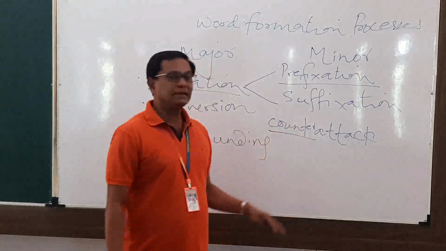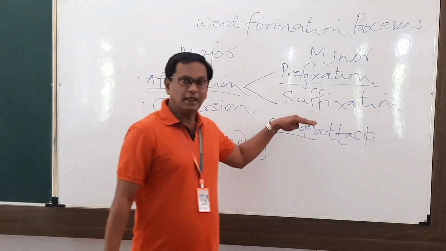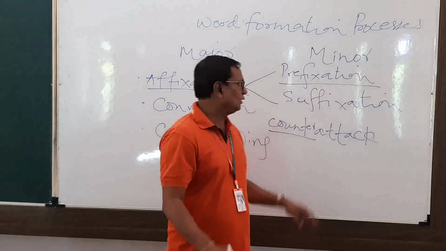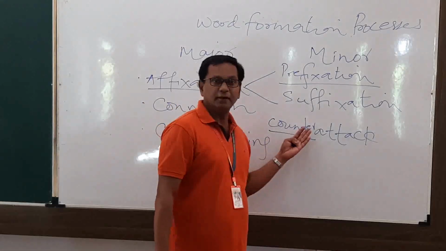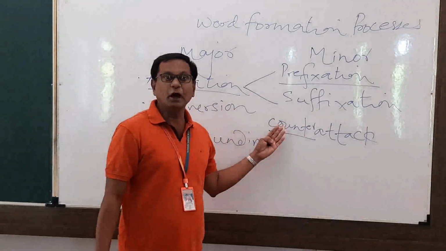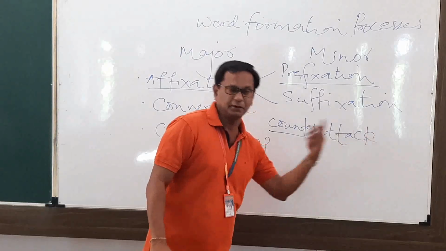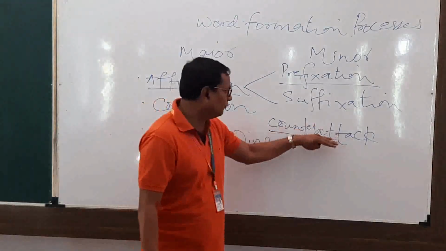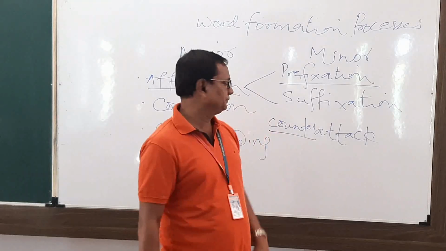Counter-attack is an example of affixation in which the word has undergone the process of prefixation, because we have applied the prefix counter to this particular base. So the process involved in the word counter-attack is prefixation.